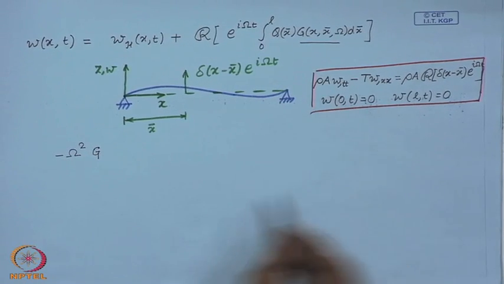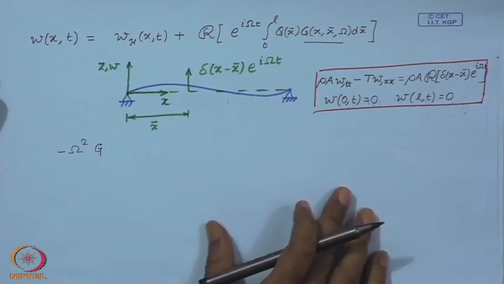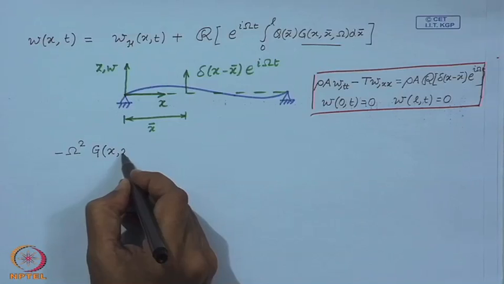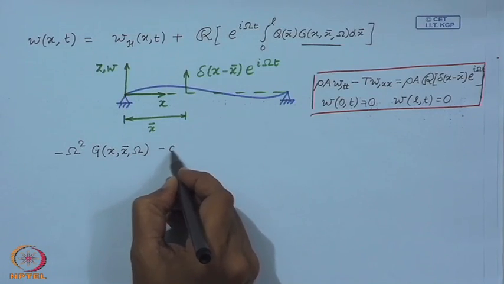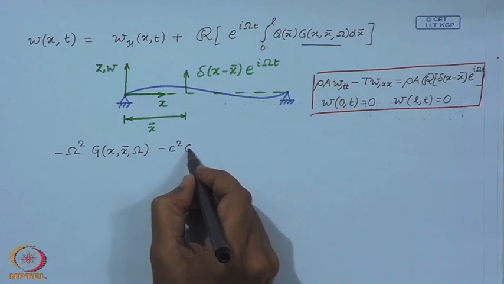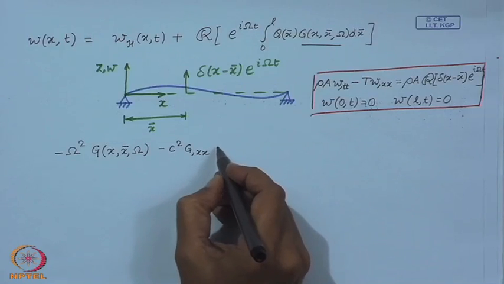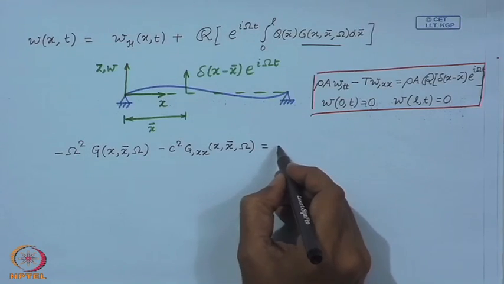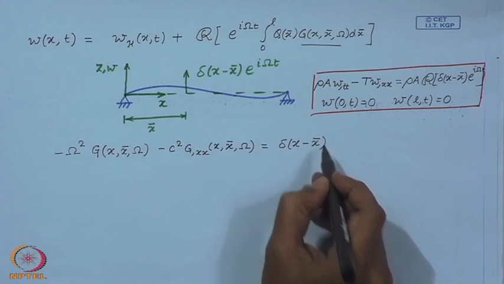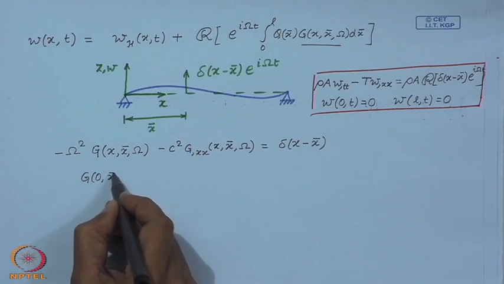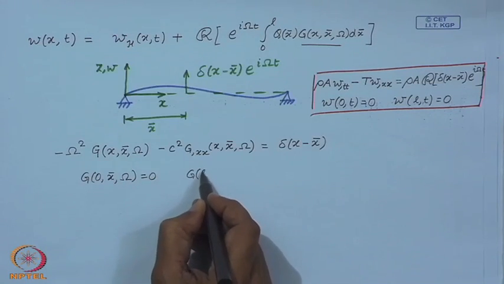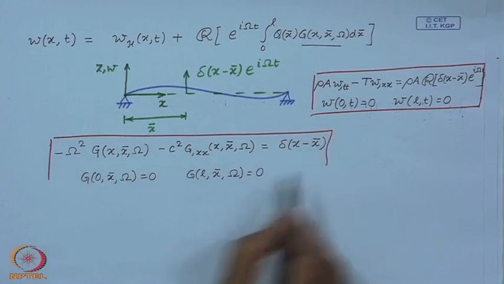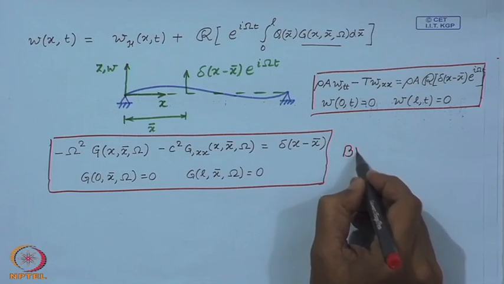The boundary value problem for this can be written as follows. So, this is our boundary value problem.